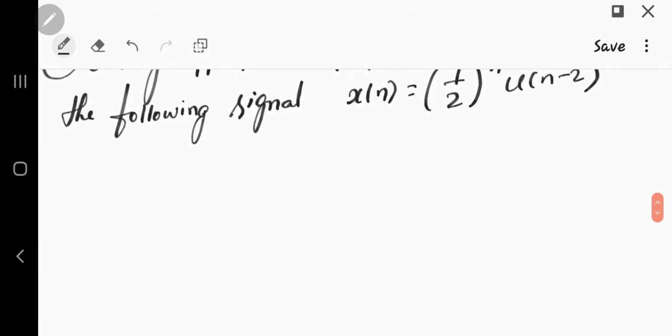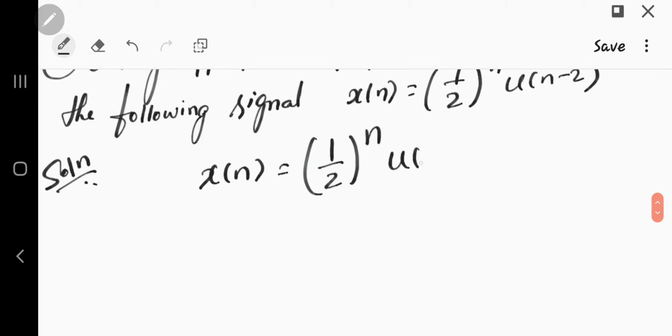Okay, now what is given is x of n is equal to (1/2)^n u of n minus 2. Now if you observe, we have n and we have n minus 2, but if we slightly change this one, we can apply the time shifting property.